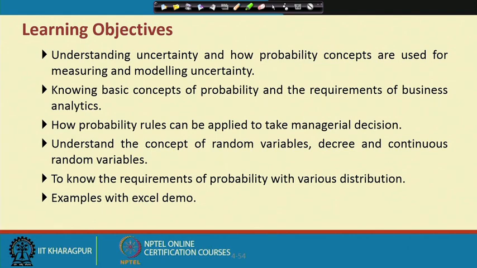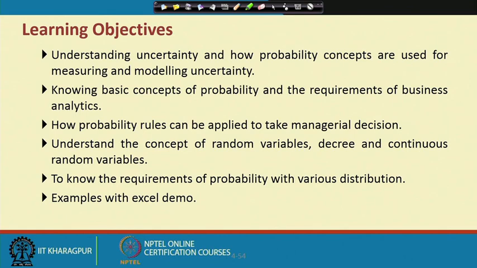The learning objectives are: understanding uncertainty and how probability concepts are used for measuring and modeling uncertainty; knowing basic concepts of probability and the requirements of business analytics; knowing how probability rules can be applied to take managerial decisions; understanding random variables, discrete and continuous random variables, and the requirements of probability distributions.